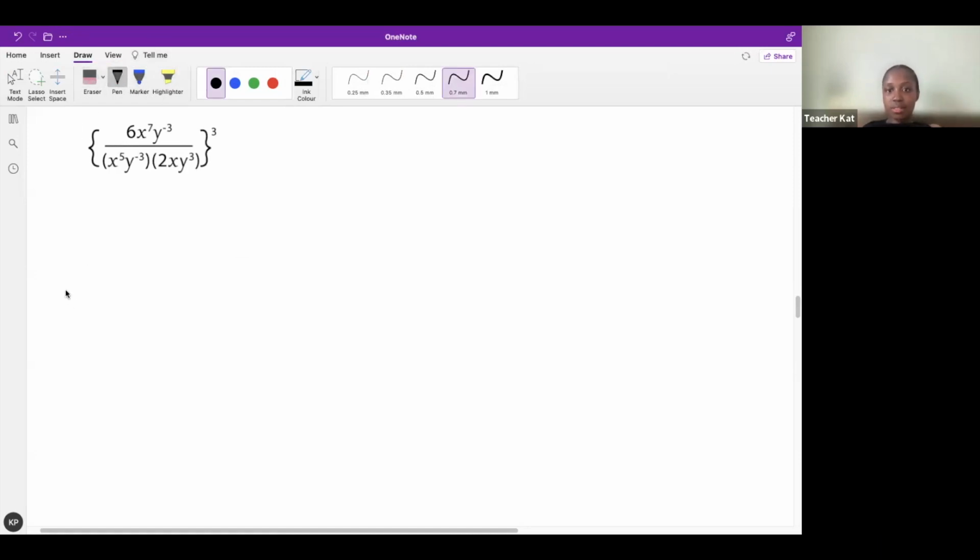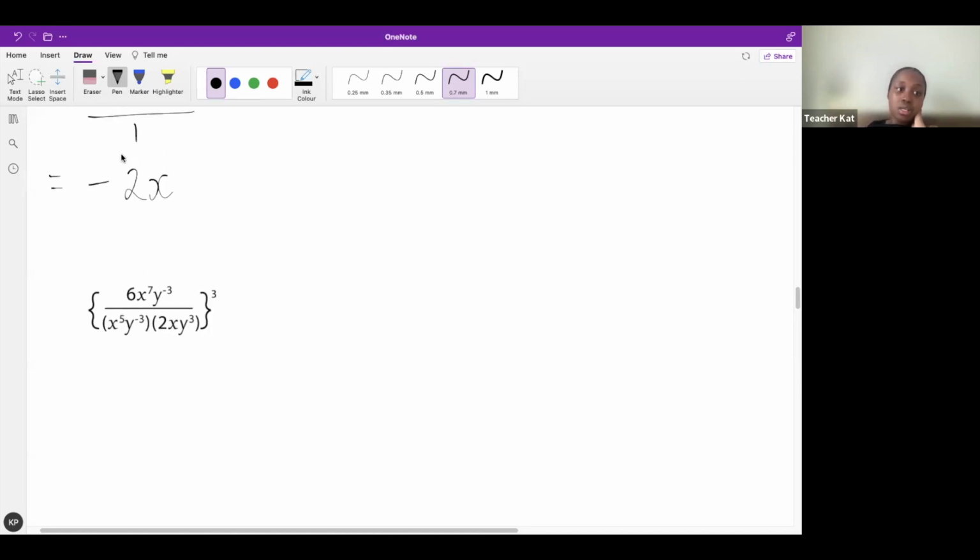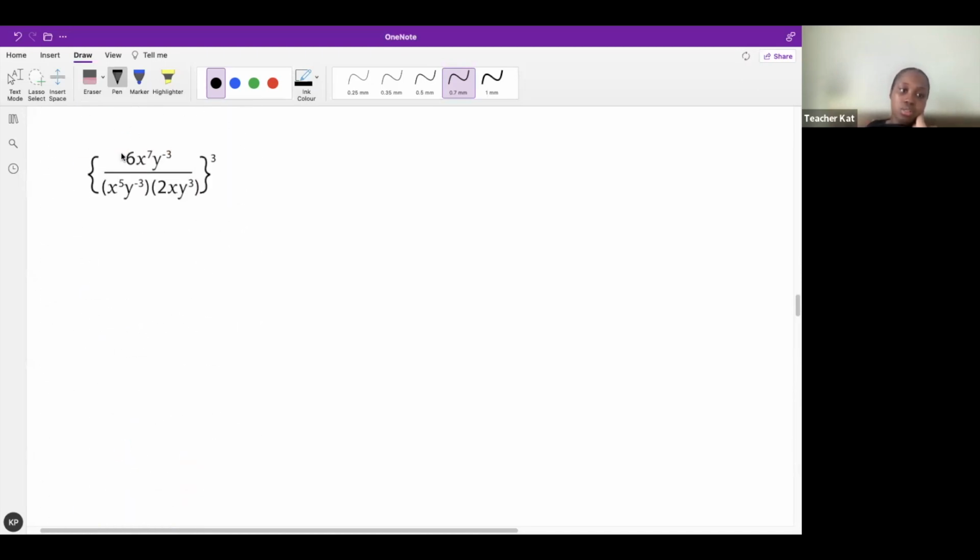Is there anything we can simplify? Debajo says no. Everyone else, what do you say? Inside the big bracket. Remember, the curly brackets are also brackets. Yes, there we go. So in the small brackets, no, not so much. But in the big curly bracket, yes, there is something we can simplify, right? This is number what? I've now lost count. Number D.